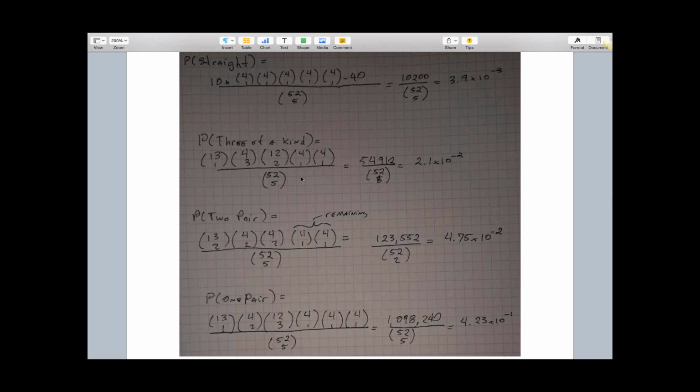You need to choose 2 different face values from those remaining 12. Otherwise, if you choose 2 that are the same face value, you'd have a full house. So 12 choose 2 says I need to pick 2 different face values from the remaining 12. So it could be I choose a 5 and a 7 or a 3 and an 8. But I can't choose a king again, and I can't choose 2 that are the same face value.